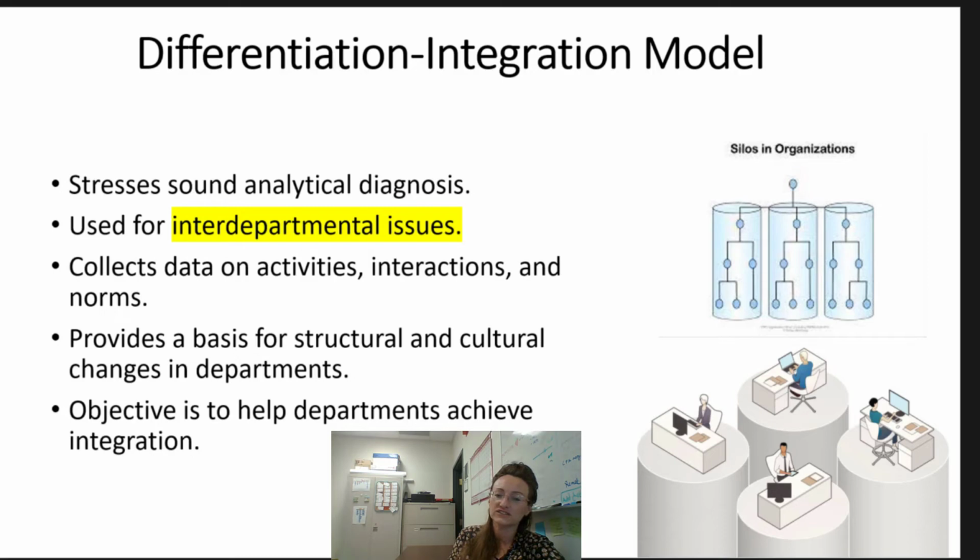That kind of friction, that kind of dysfunction undermines organizational functioning and the ability of the organization as a whole to meet its goals. The differentiation-integration approach collects data on how departments or units interact with each other and on how their cultures differ so that you can help them work together.